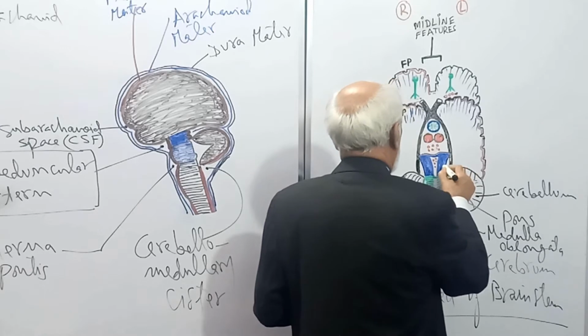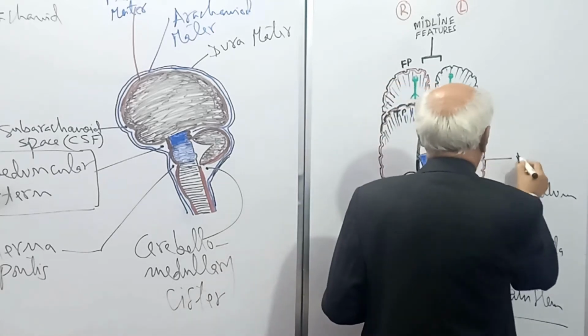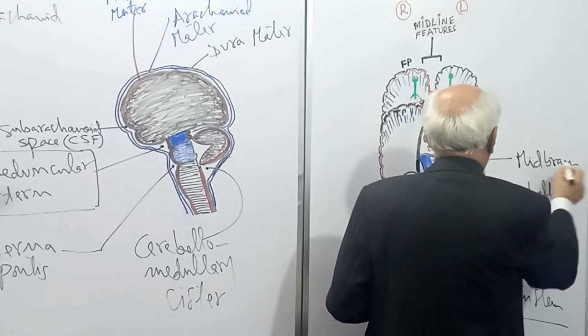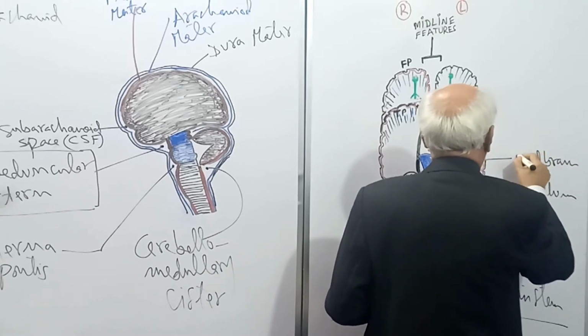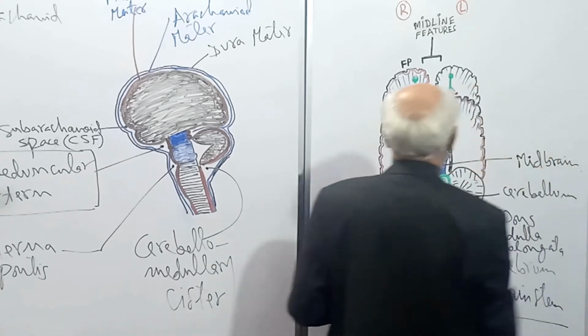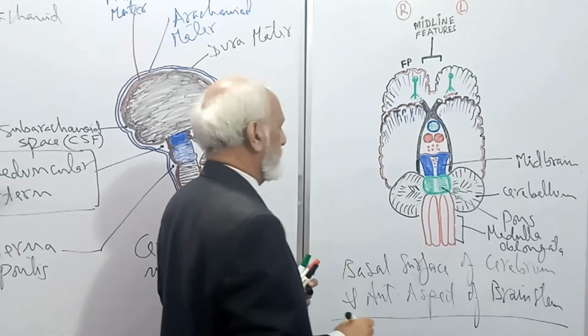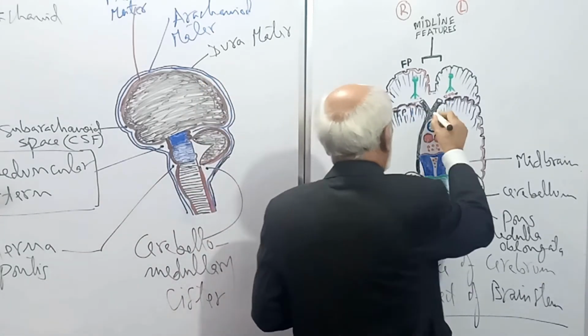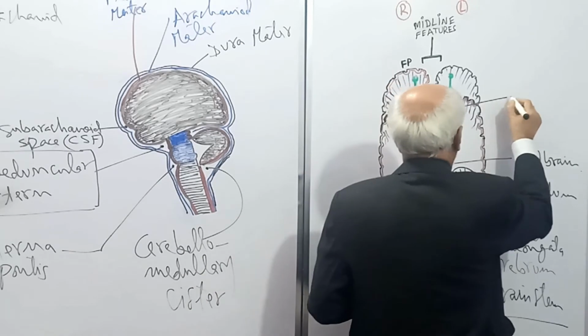Now, this is midbrain. Now, midline structure, you can see the optic chiasma.